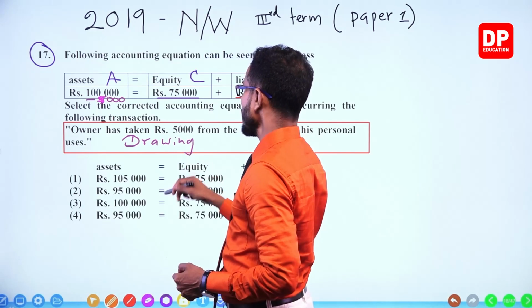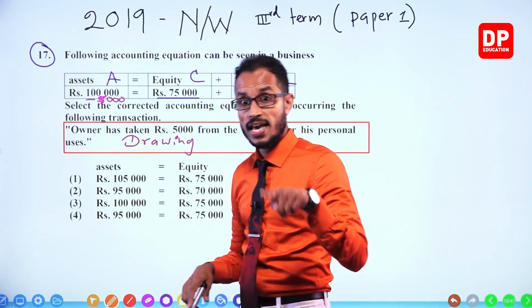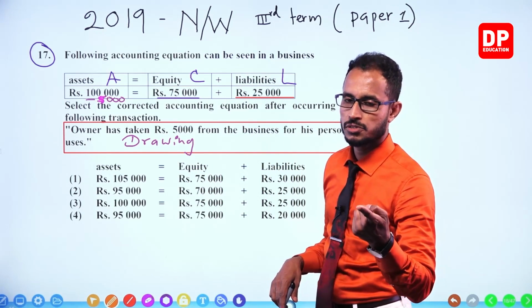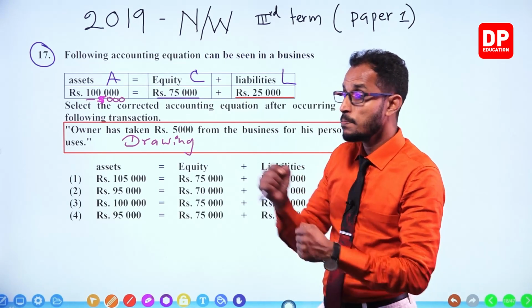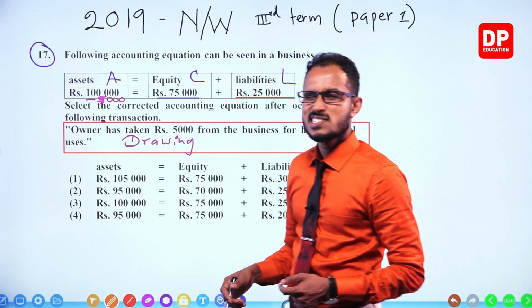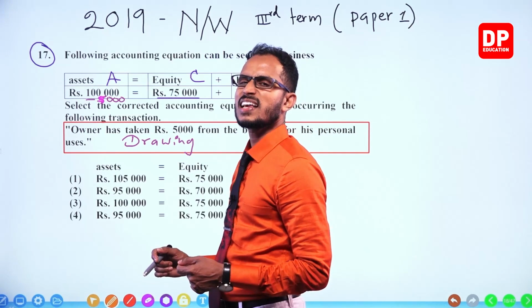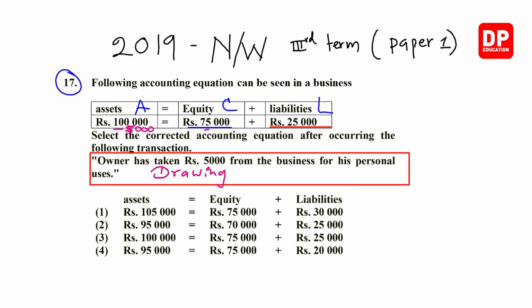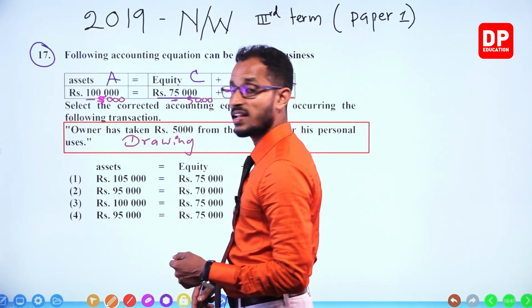If the owner has taken business cash for his own personal use, that decreases his capital too. So here under capital, I should put minus 5,000.